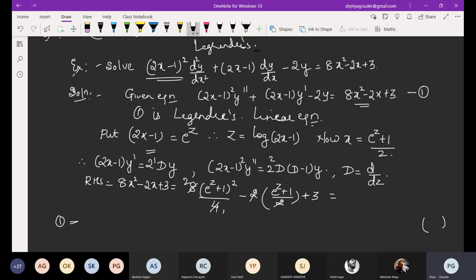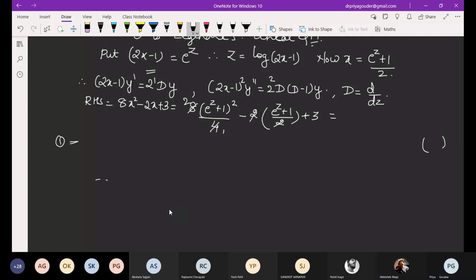Yes, (a plus b) the whole square. Please answer, otherwise how will I come to know that people are attentive or not? Yeah, (a plus b) the whole square.